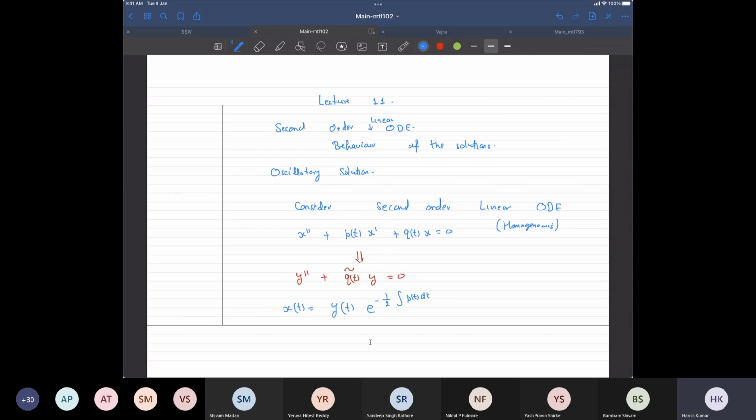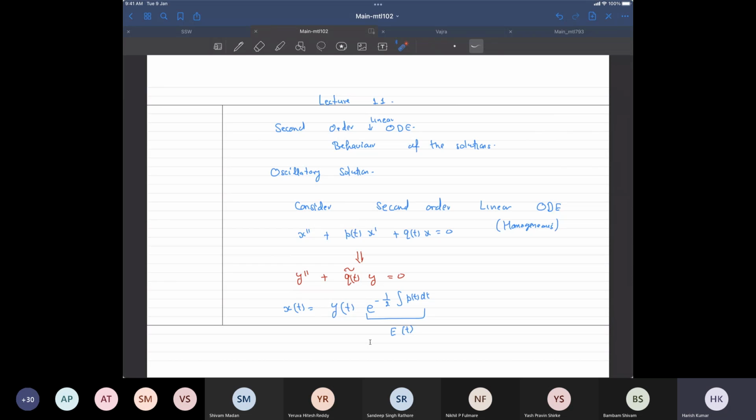If you call this function e of t, evaluate the derivative of x, and plug it in here in the form of y, then you will get an ODE for y for which there is no first order term. You will only have some new q function, which is not equal to this one. It's some other function, but nevertheless there will be no first order term.